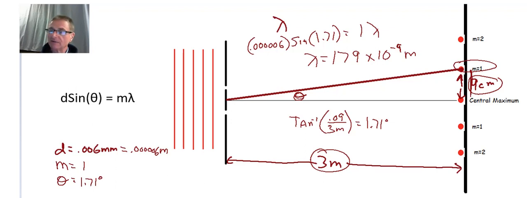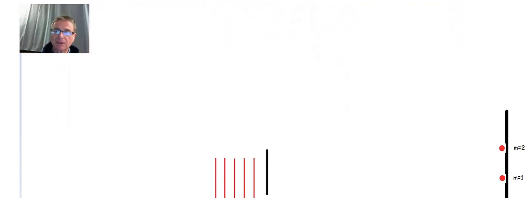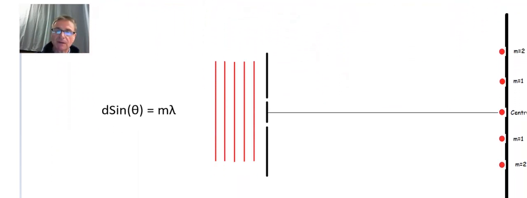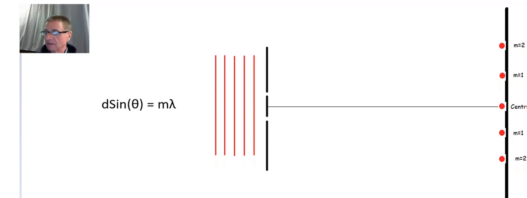So let's try a different one where we're solving for something a little bit different. In this next problem, we'll be looking at a similar problem, but looking for a different variable.